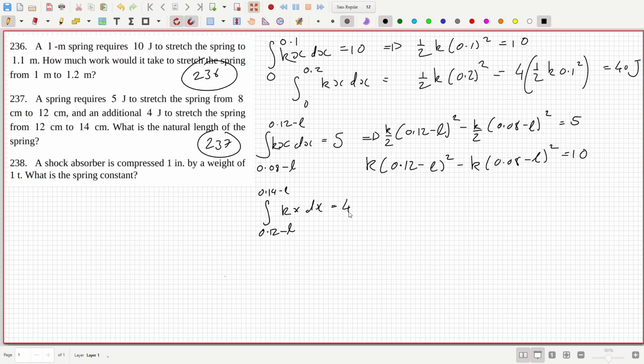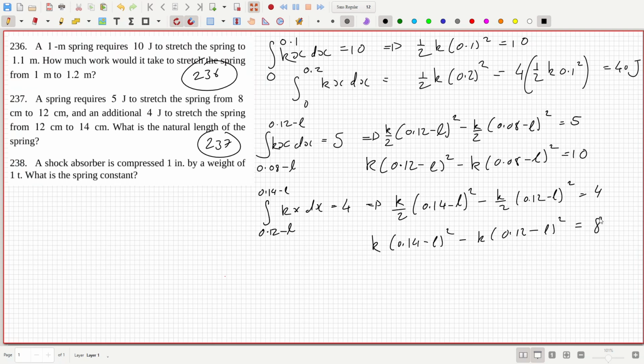That's 4 joules. So again, that would mean k over 2, 0.14 minus L squared minus k over 2, 0.12 minus L squared. That's equal to 4. So that means k times 0.14 minus L squared minus k times 0.12 minus L squared. That's equal to 8.